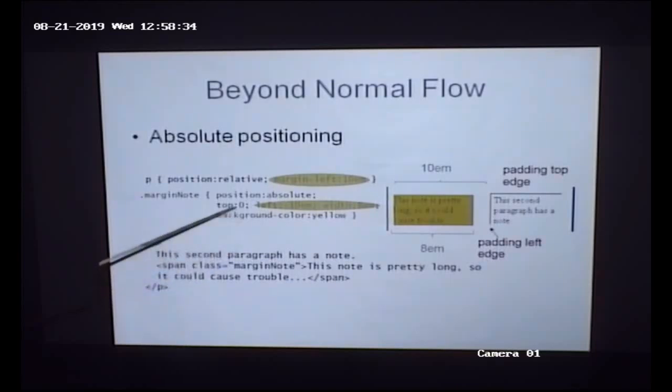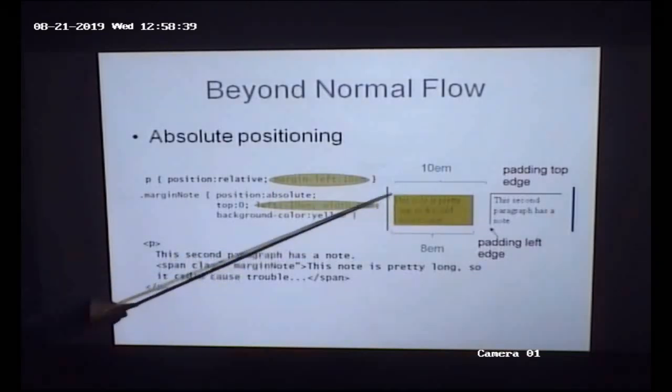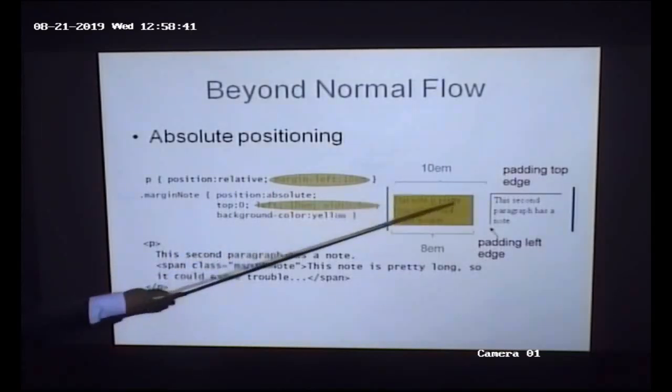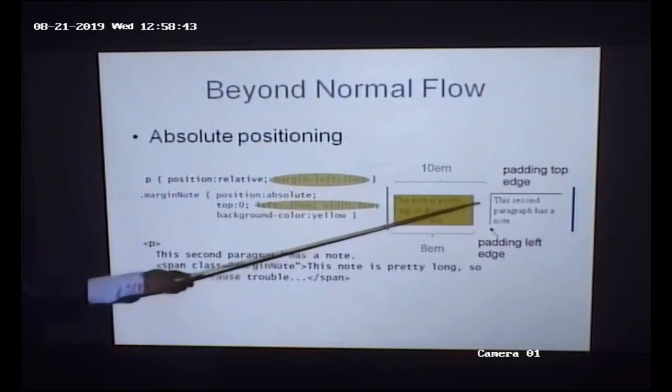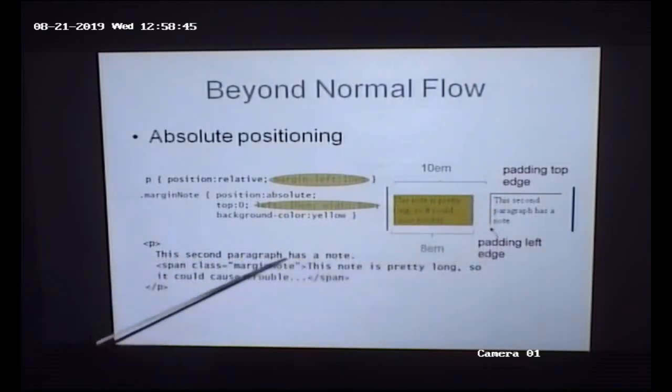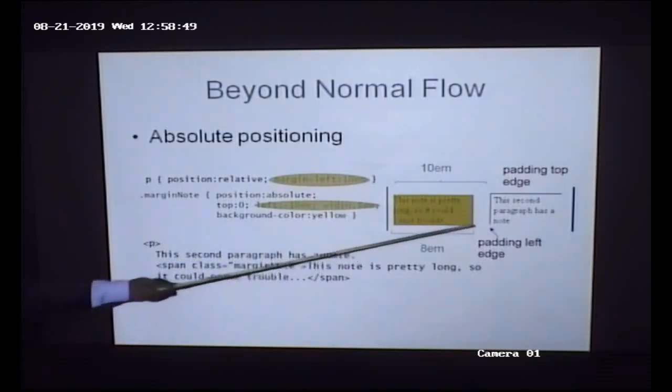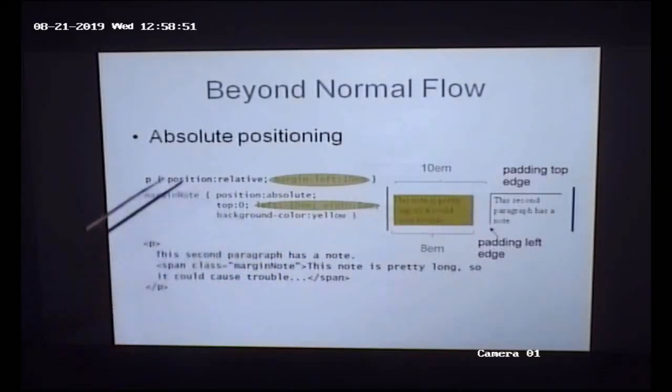Then, since top is given as 0, it moves to the 0th position, and the remaining space is occupied by the second paragraph, this is the second para as a note. So that's why it gets adjusted.